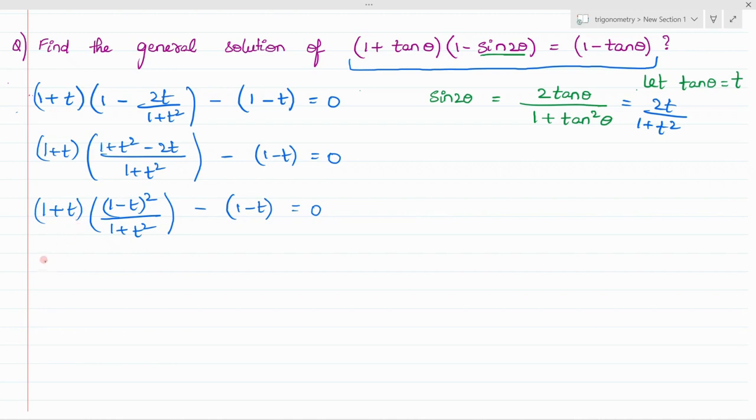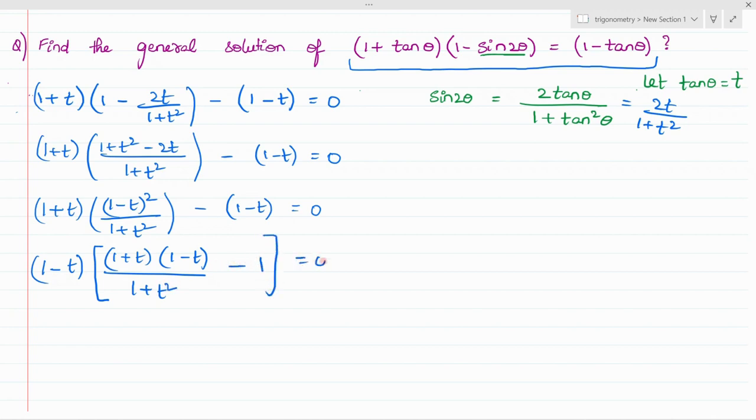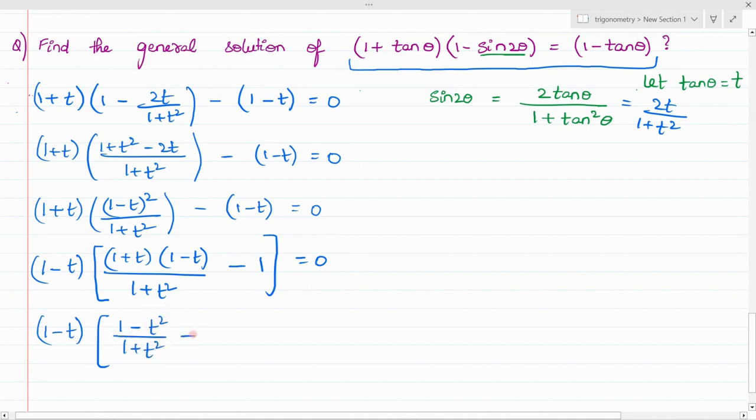If you take 1 minus t common from both of these, what will the leftover part be? 1 plus t into 1 minus t, because 1 minus t, 1 we have taken out, but 1 is still inside, upon 1 plus t square, and this equals 0. Now this is in the form of a plus b into a minus b. So it becomes 1 minus t square by 1 plus t square minus 1 is 0.